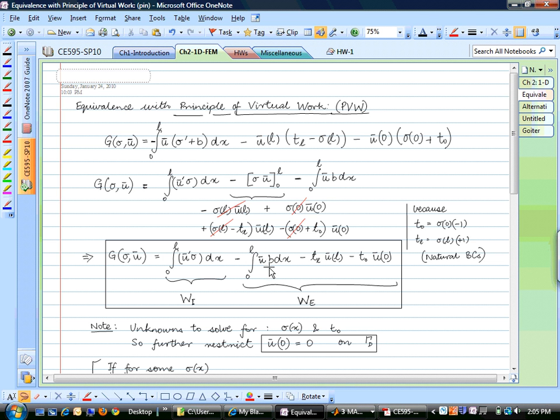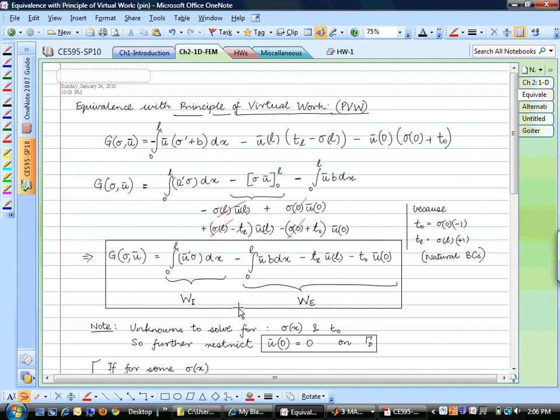So this body force, that's an external force, multiplied with the virtual displacement, and similarly this traction at L and traction at 0. They're all external forces. Multiplied with the virtual displacement there, what you get is the external virtual work term.